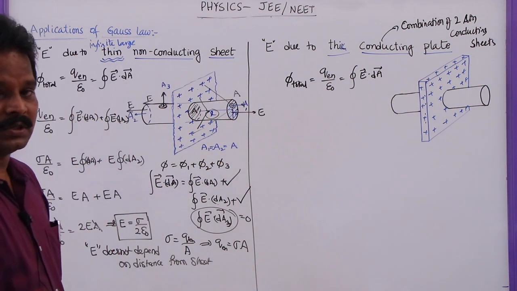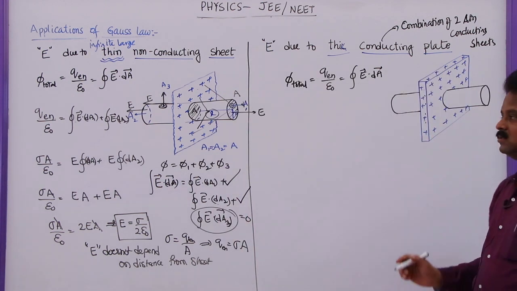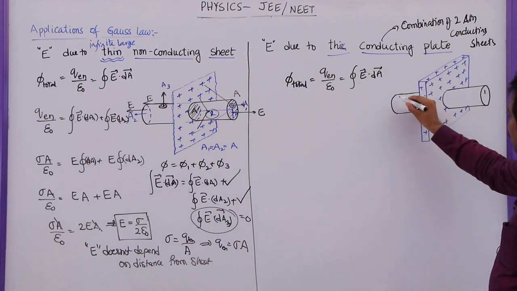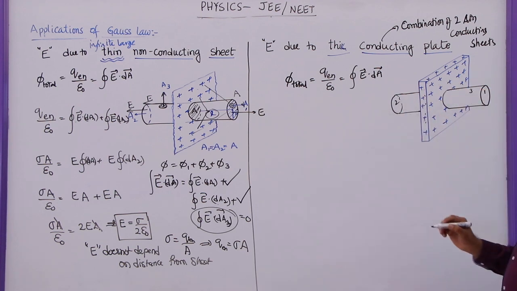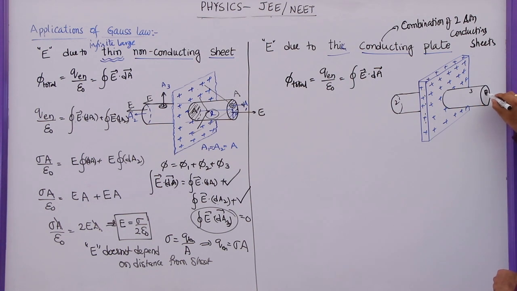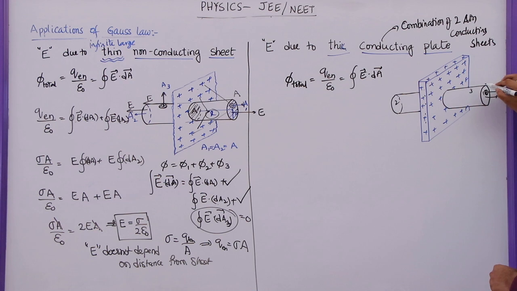Here also, how many surfaces do we have for the given closed cylindrical Gaussian surface? This is 1, the surface on the other side is 2, and the curved surface is 3. Similar to the previous case, if you take a small elemental area dA1, the electric field will be parallel to it because the electric field will be outwards.